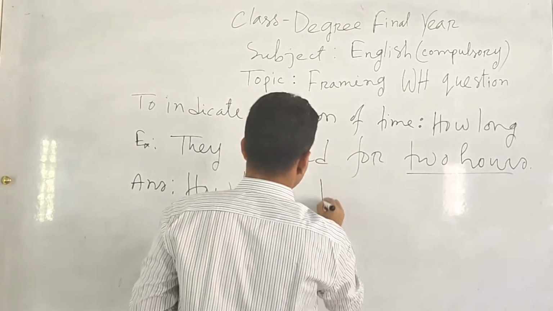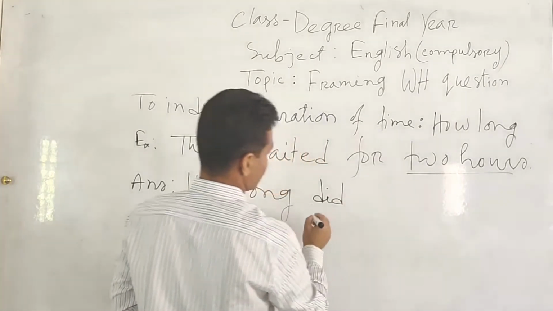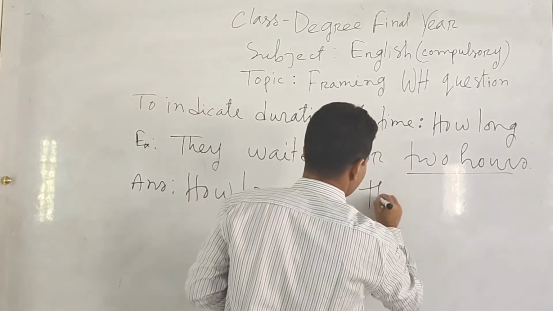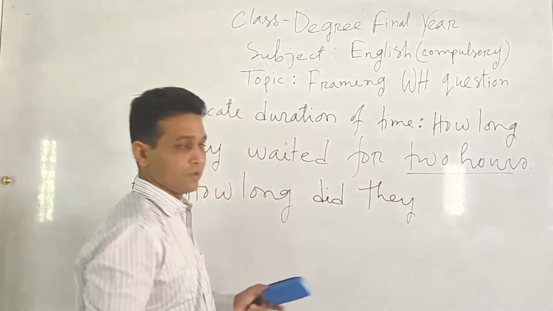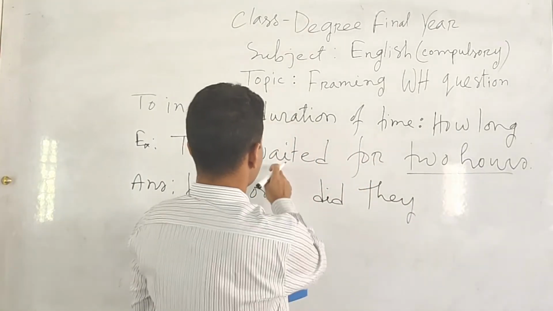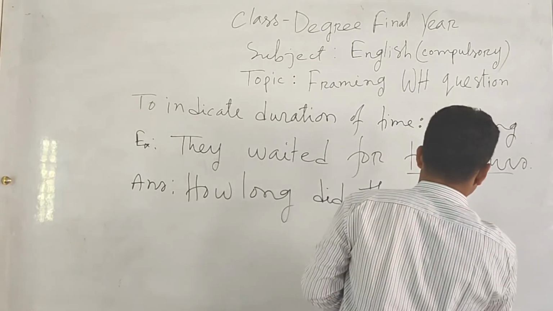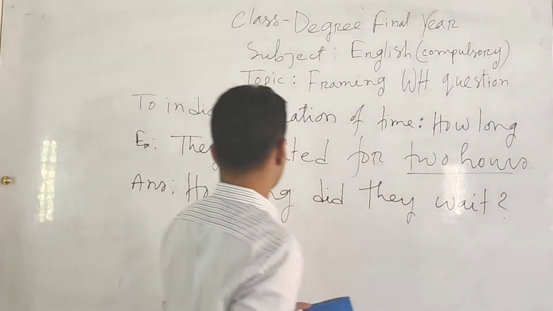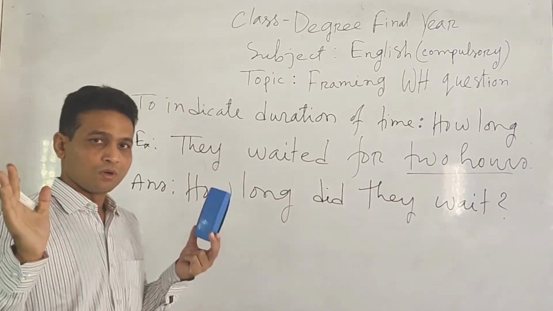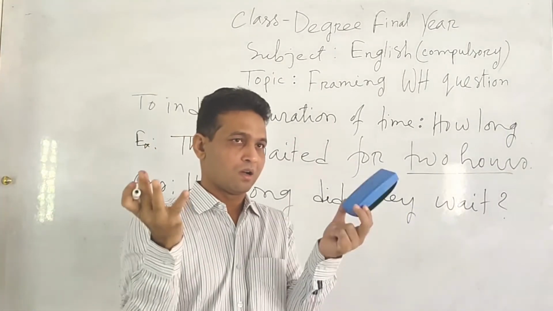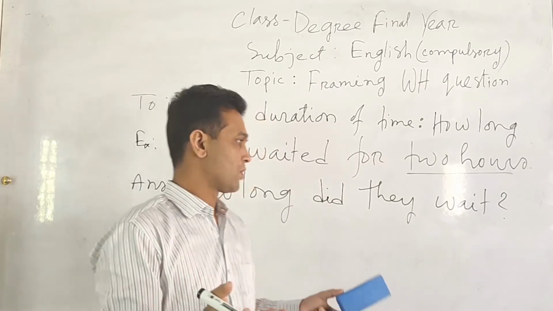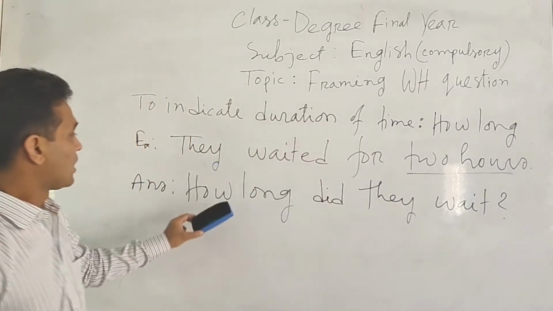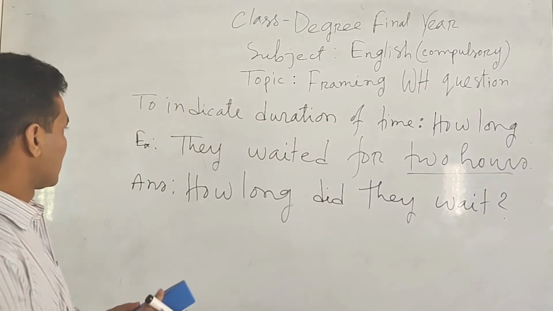How long did, subject they, how long did they, principal verb wait: how long did they wait. Okay, so when you ask about the duration of time, you have to use how long.